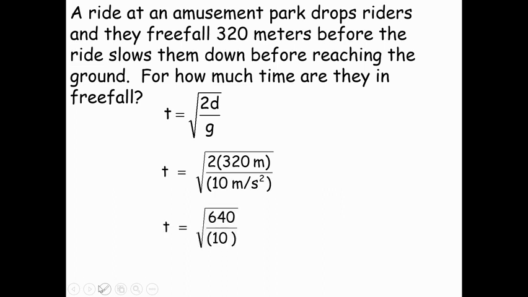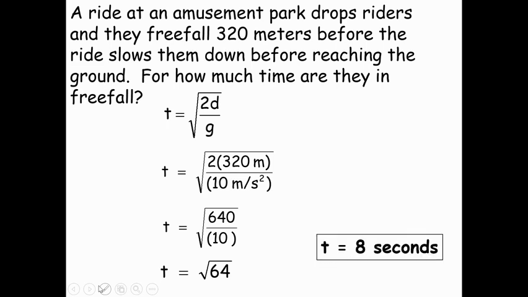So our next step is taking 2 times 320 meters to get 640. Next, we will divide 640 by our acceleration due to gravity, 10. After doing that, we get 64, and the square root of 64 gives us our final answer of 8 seconds.